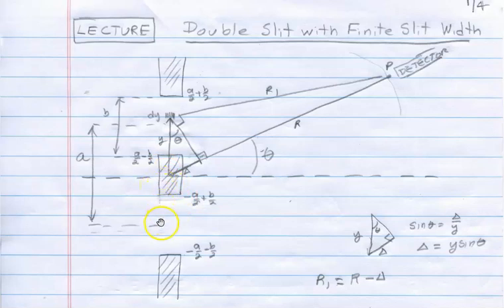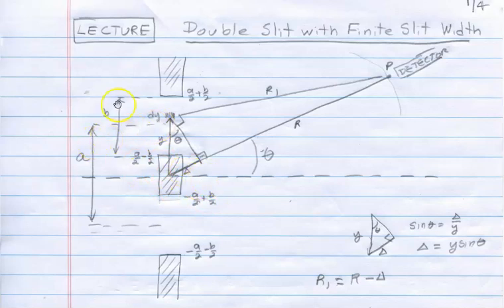The total distance to here is minus A over 2, but I need to subtract to get back to here this half of the width, which would be minus a minus, so I add B over 2 to get to this point. Or another way to look at it, once I found this one, the other one is just the negative of it, so it would be negative A over 2 plus B over 2.